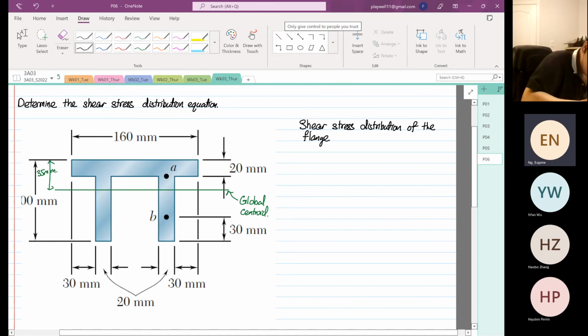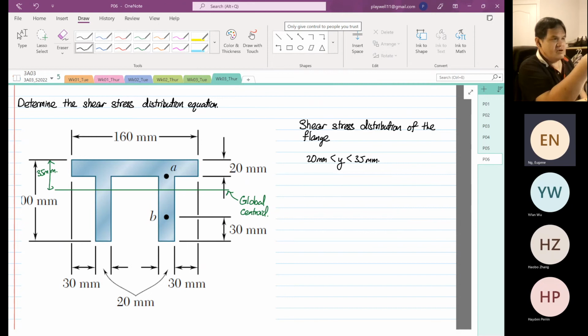The limit in terms of y is 20 to 35 millimeters, so the equation that we are going to derive has that limit. It's only valid from 20 to 35 millimeters.